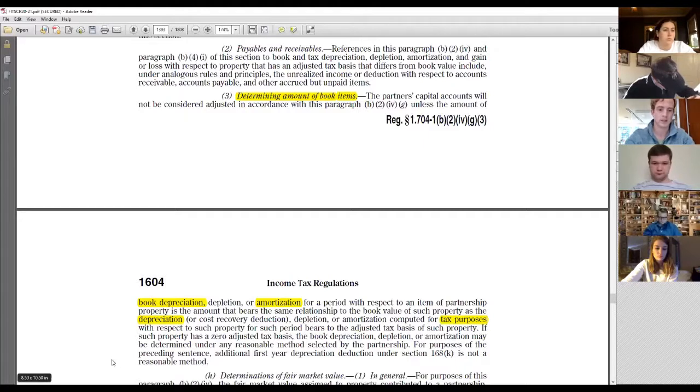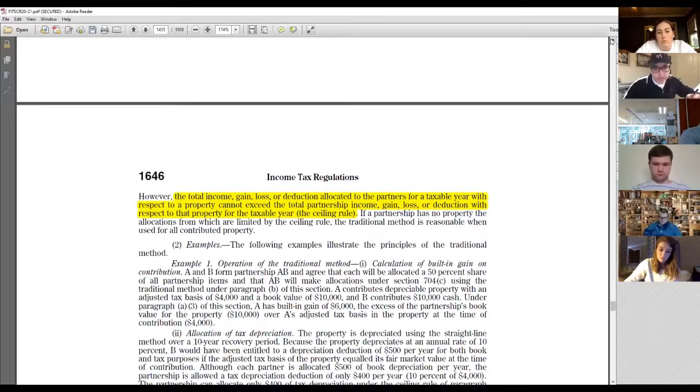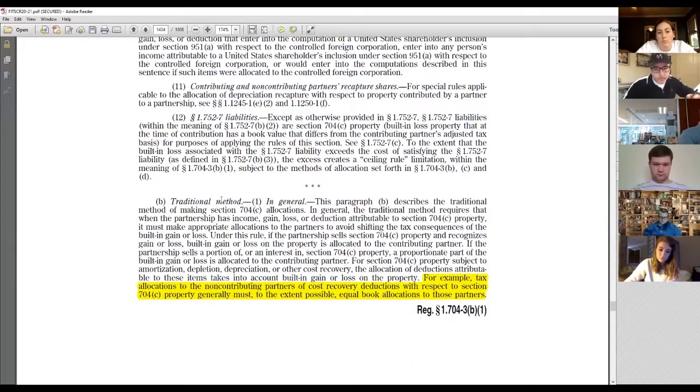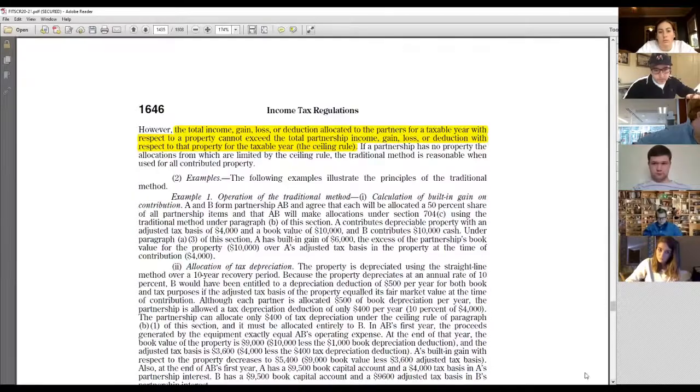So let's turn to the reg, 1.704-3. -3B is the traditional method, which is what we'll start with. And then we've got B2. We've got these examples. So we're going to start with example 1.